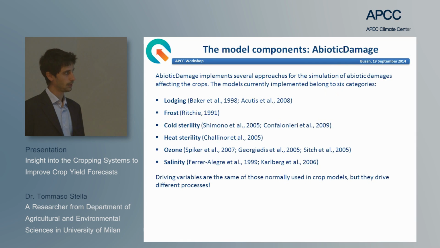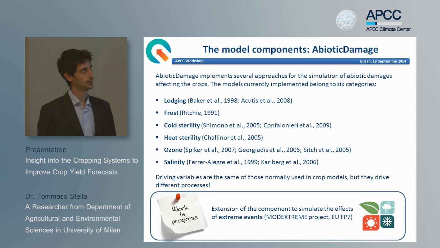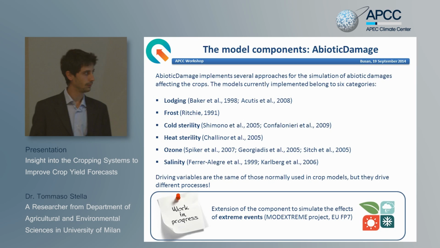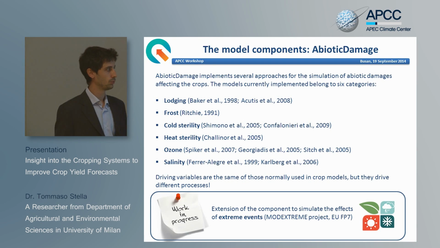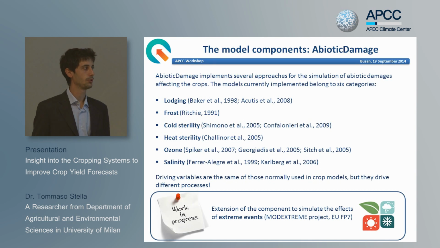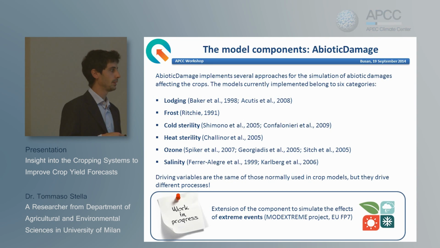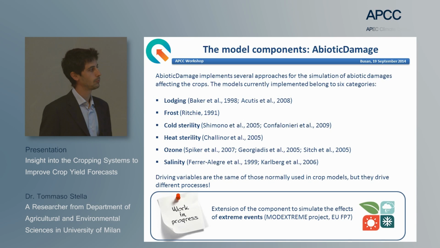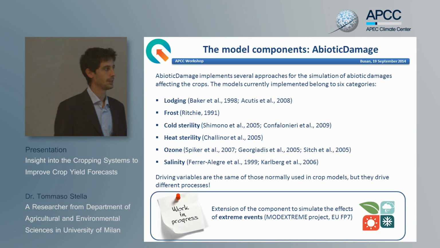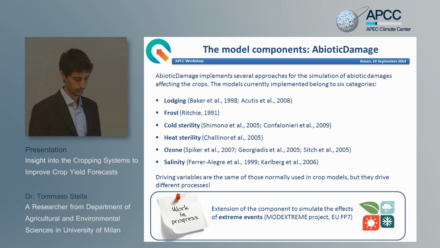And note again that this component is operational but under ongoing development, and we participate these years to a European funded project named ModExtreme, which is meant to extend this library in order to simulate the effect of extreme events on crop growth and development.